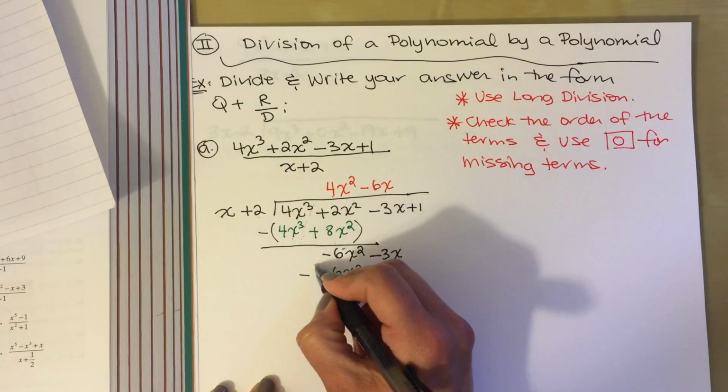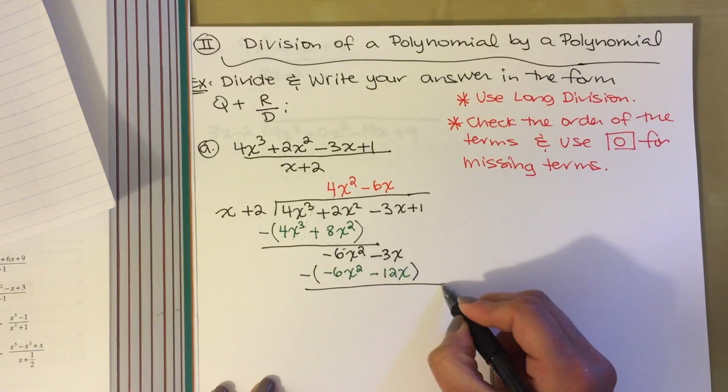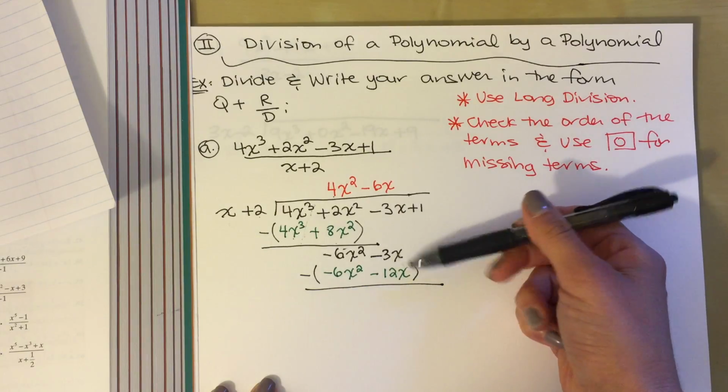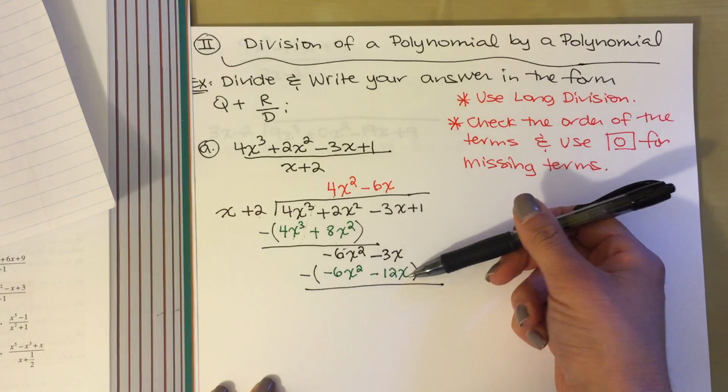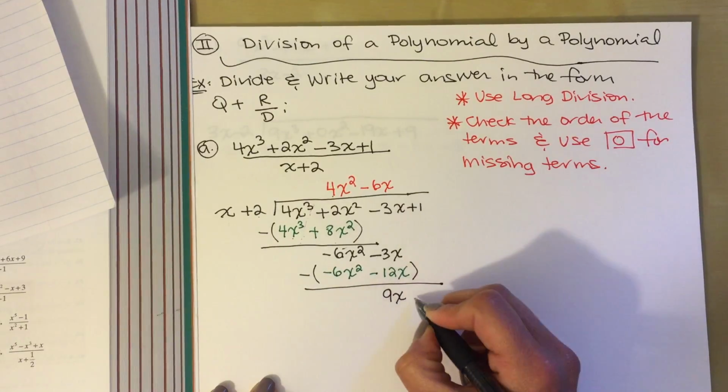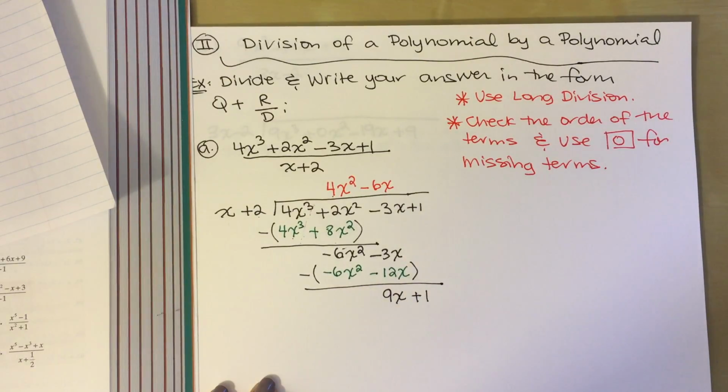Subtract and distribute the negative. -6 plus 6 is 0. -3 plus 12 gives me +9x. Bring down +1. Last part.